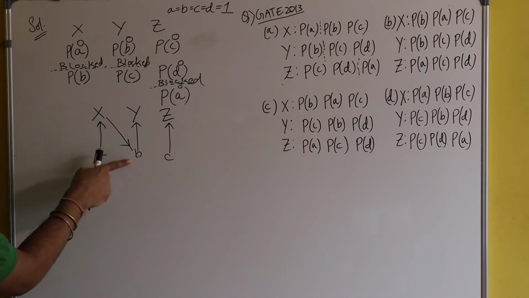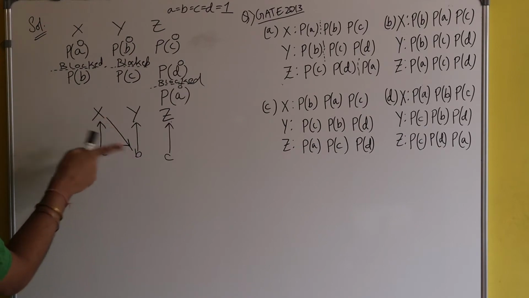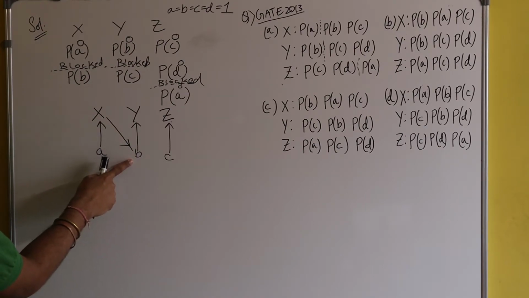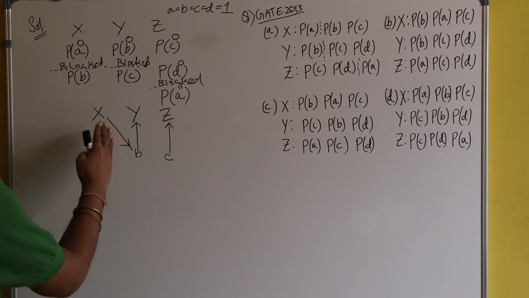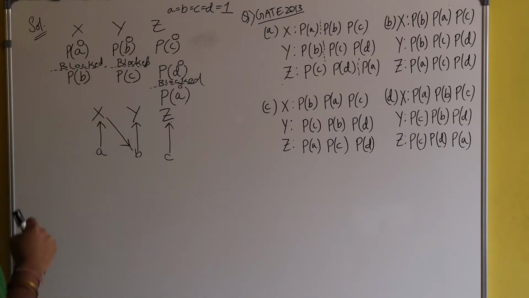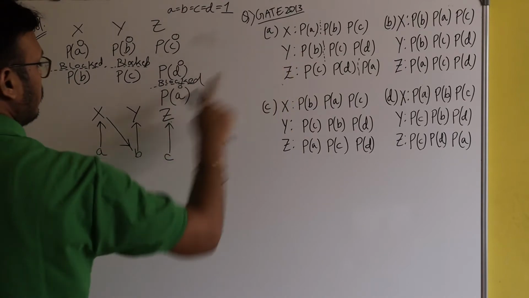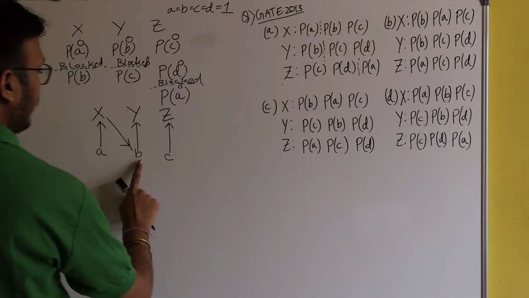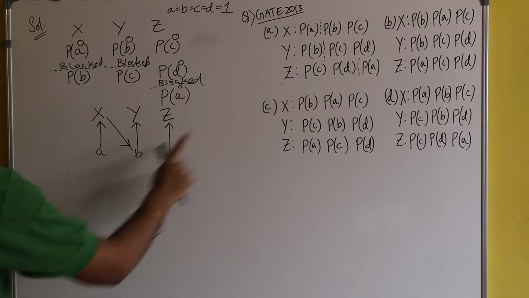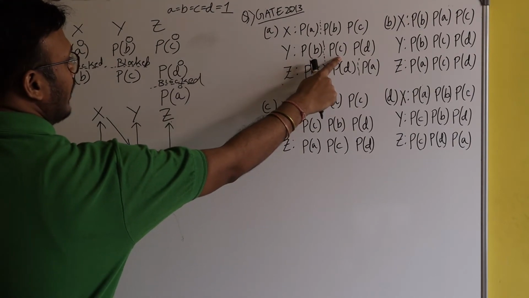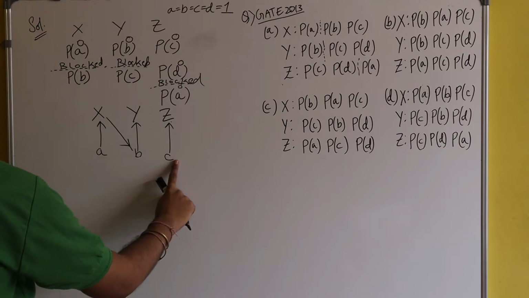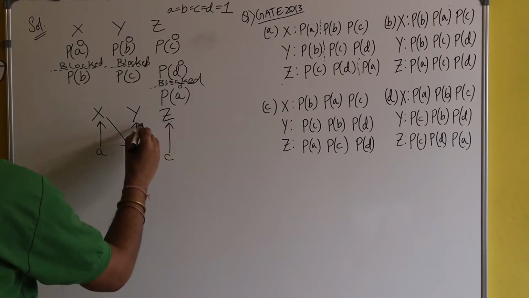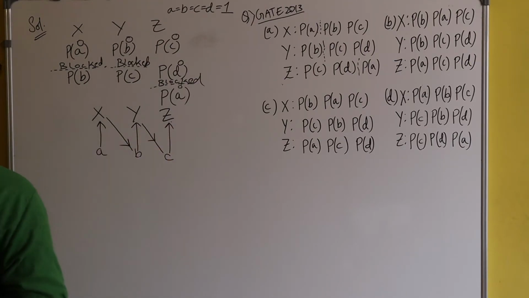There is an arrow from X to B, which means process X is waiting for B. After that the CPU is given to process Y. After successfully executing the P operation on B, Y will wait for C, because C is already acquired by Z. So here Y is waiting for C.